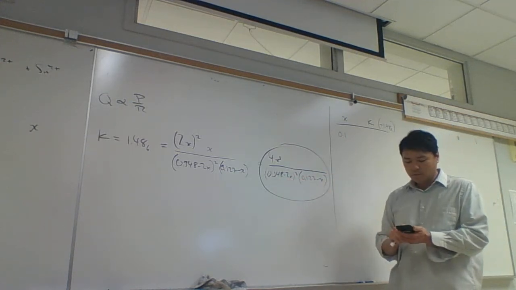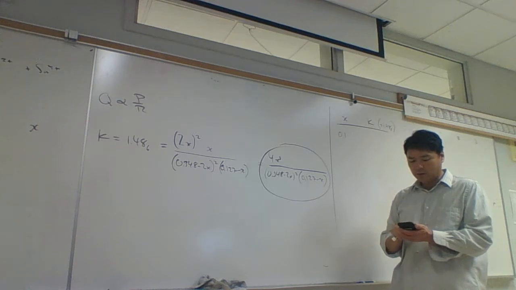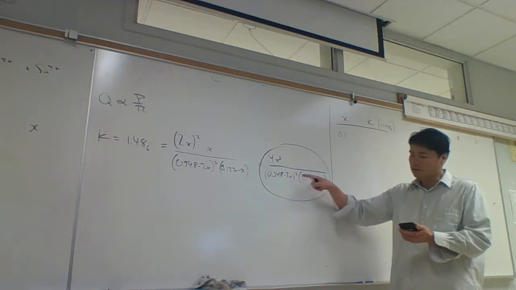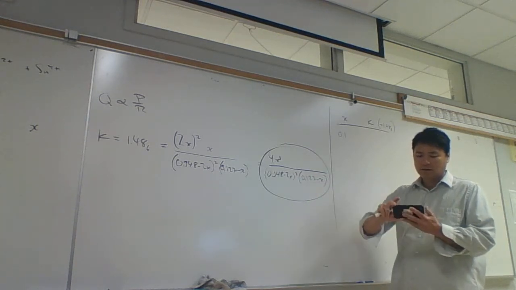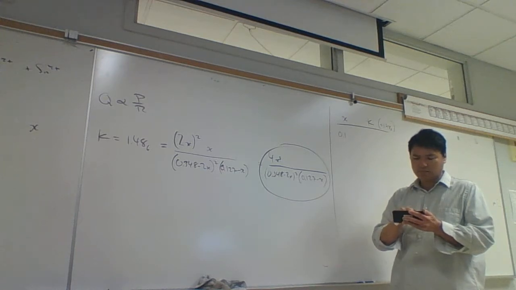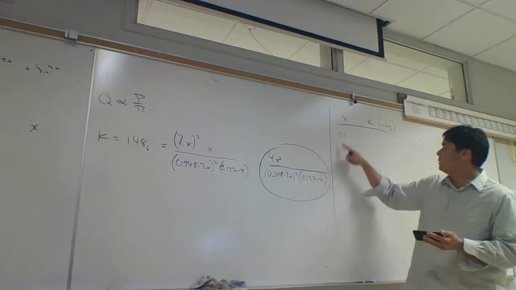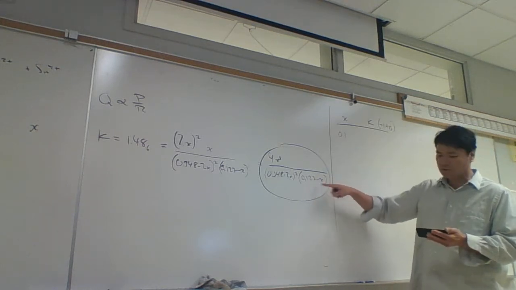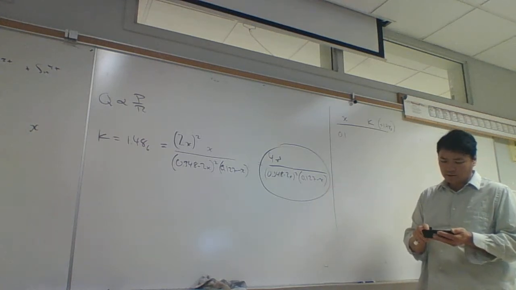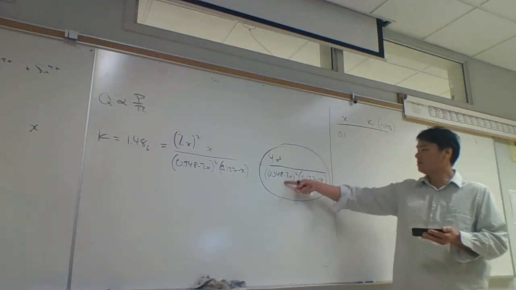And so it's going to be 0.348 minus 0.2 equals, square that, times, all right, 0.127 minus 0.1 is 0.027. So I'm going to go times 0.027 equals that.